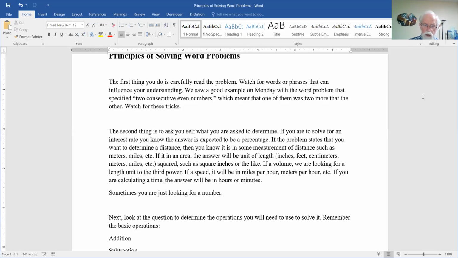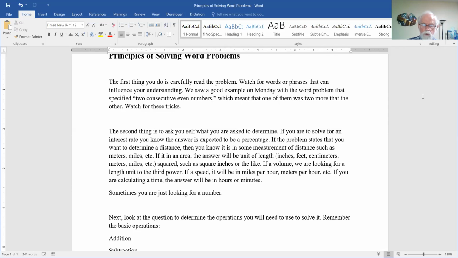You can see consecutive odd numbers, you can see consecutive numbers. So watch out for tricky words that will change the goal or the meaning of the problem. And then ask yourself, what is it that you're supposed to be determining?